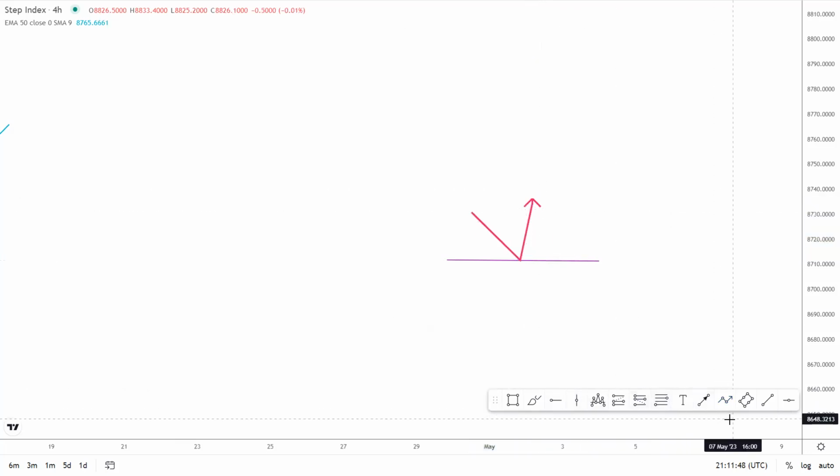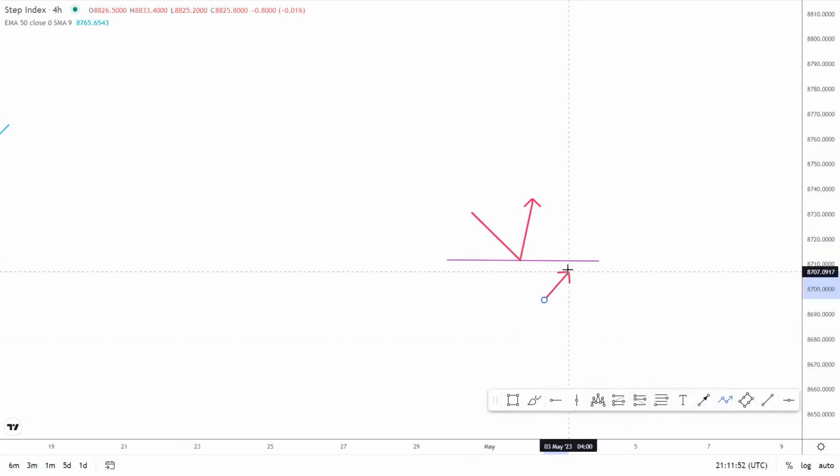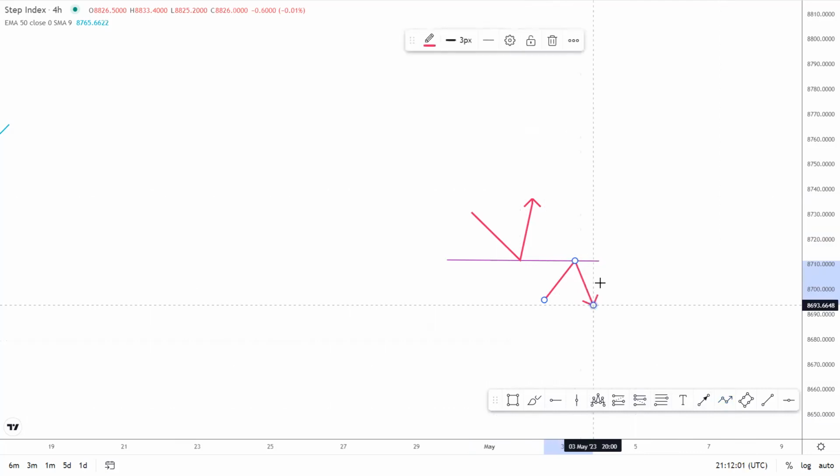And also, at some other point in time, price must have broken through the level and then tested the level to find resistance.